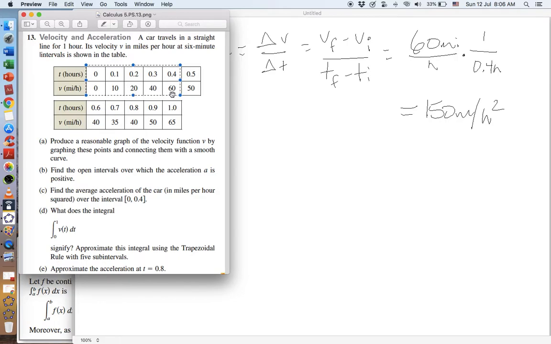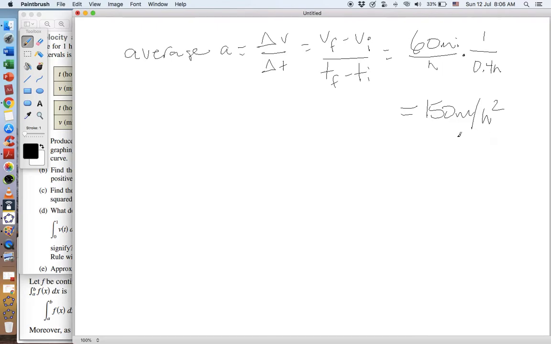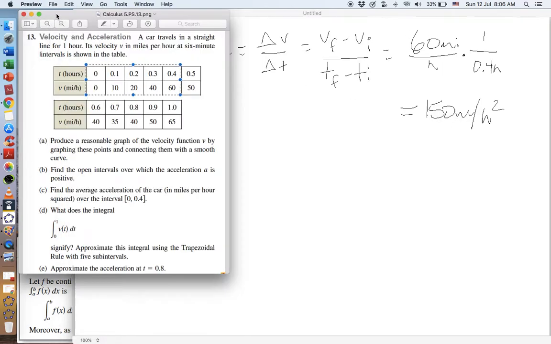So we increase from 0 to 60 miles per hour within 4 units of time, which is actually 24 minutes, 0.4 hours. And so we just divide 60 by 0.4, we get 150, and then we've got miles per hour, and then we've got hours on the bottom, so we need to say per hour per hour. So we increased 150 miles per hour within that. So if we kept at that same rate, at the end of 1 hour we would be going 150 miles per hour, is basically what that means.